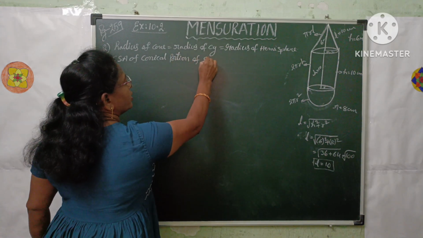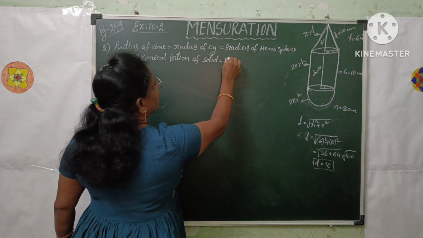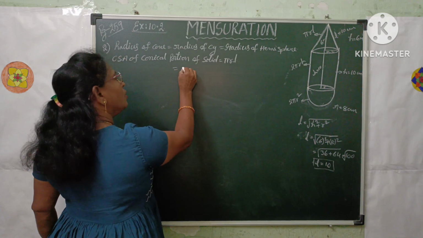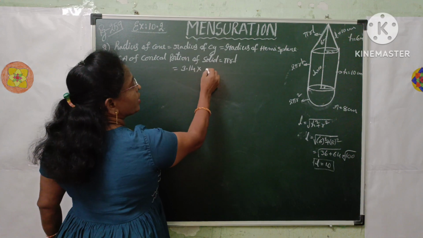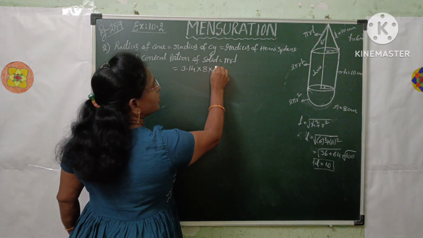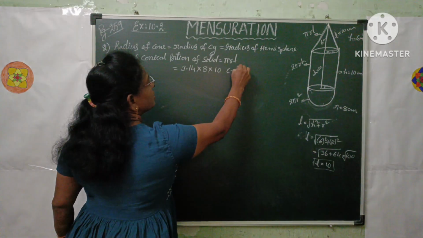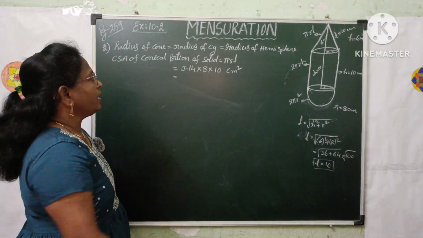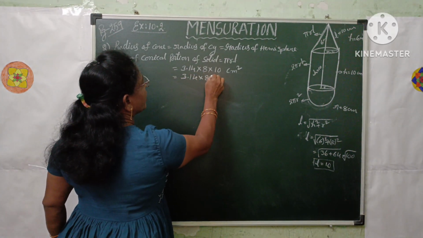Solid equal to pi r L. That is equal to, here pi means we have to use 3.14, into radius 8 centimeters, into slant height 10 centimeters square. Now 8 tens are 80, so 3.14 into 80.